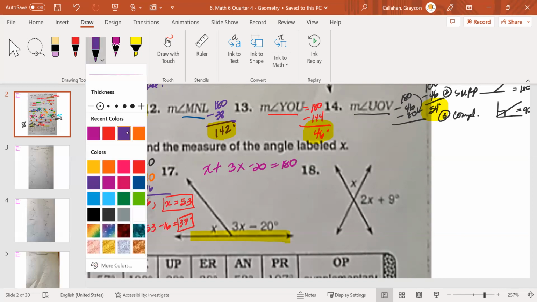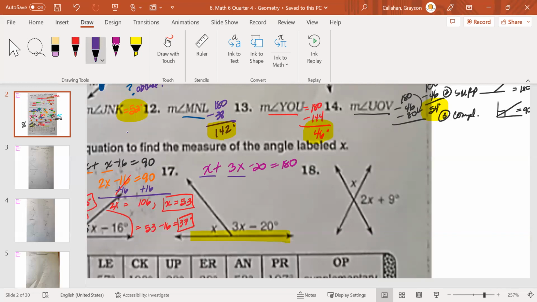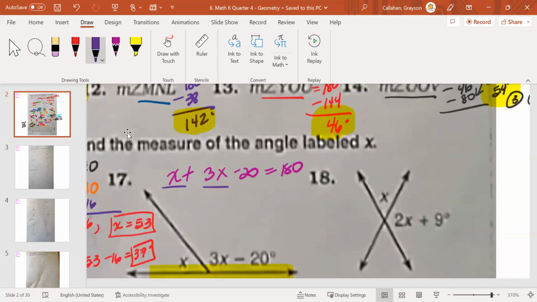When you combine the like terms, how many x's do you have? I would add x and 3x first. Yep. Combine terms. Yep. Add the 20. Add the 20. Divided by 4. You will get 50. X equals 50, right?